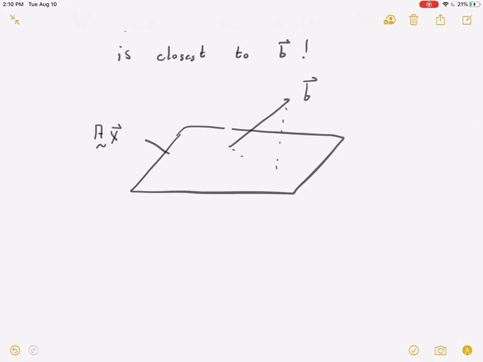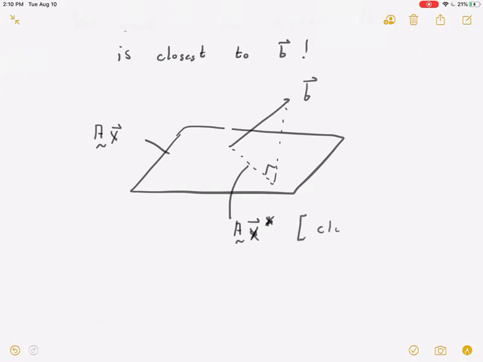And we're going to call the projection of B onto the plane the vector that satisfies this condition, where X asterisk is a very special vector in the plane.